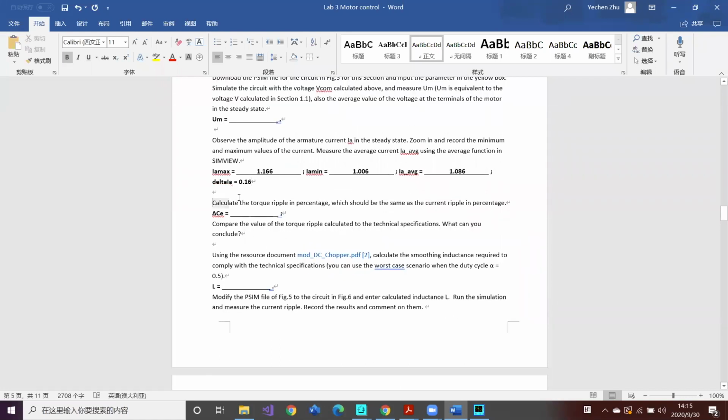And now we need to calculate the torque ripple in percentage. Because the torque ripple is correlated with current ripple, actually we're calculating the current ripple in percentage. So here what we do is divide our delta IA value by the average value, IA average.